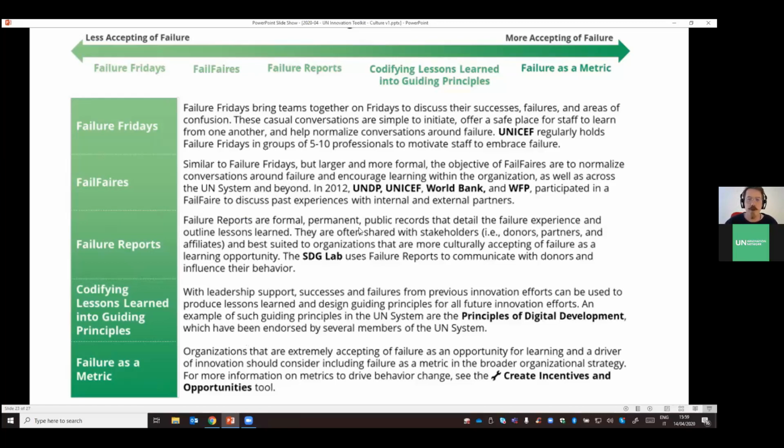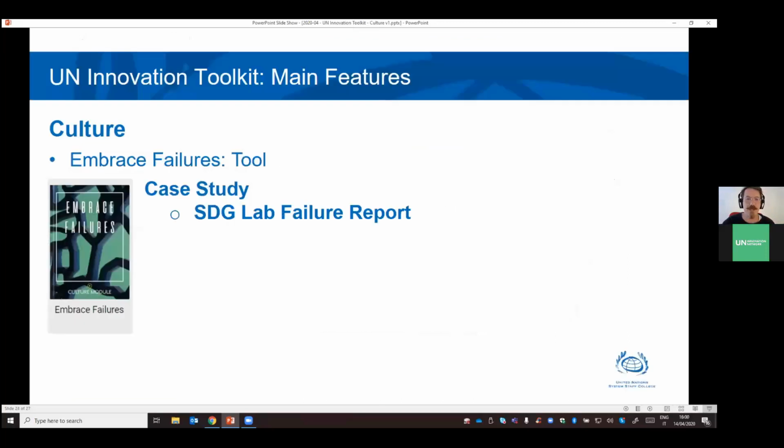And again, you can see here that there are a number of agencies which are undertaking this. There are case studies, and then here at the bottom, you can see, as I've mentioned earlier on, creating incentives and opportunities, in fact, as a tool within the toolkit that you are able to access and use to flesh out some of these engagements and some of this planning that you are undertaking.